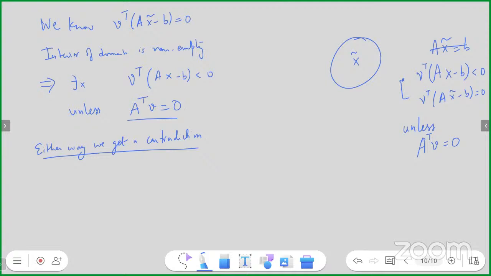To establish strong duality, one possible way is to use Slater's condition. But that's not all. This is sufficient. It doesn't say that if there is no such point at which the constraint is strictly feasible, there cannot be strong duality. It doesn't say.